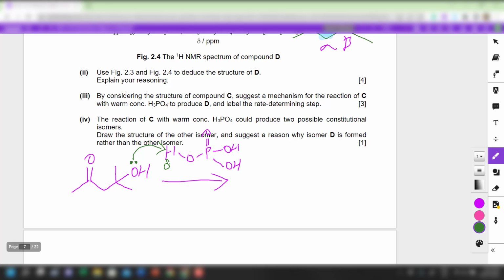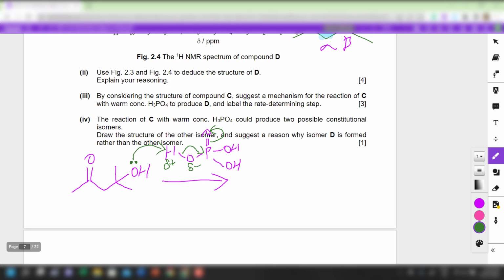In order to keep myself consistent, I'll just put delta plus, delta minus. Of course the O-H bond will break heterolytically, and then the O will gain a -1 charge. This is one way you can draw the mechanism. But if you follow what we talked about, drawing the mechanism from the electron source to the electron sink, you can actually push your arrow towards the withdrawing P=O.